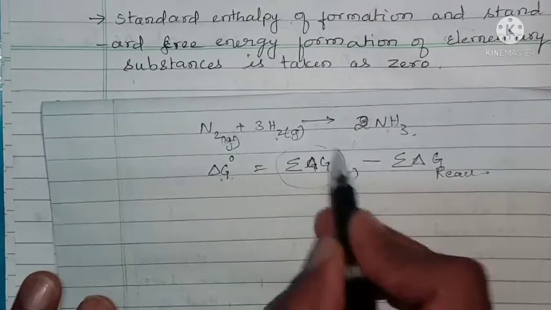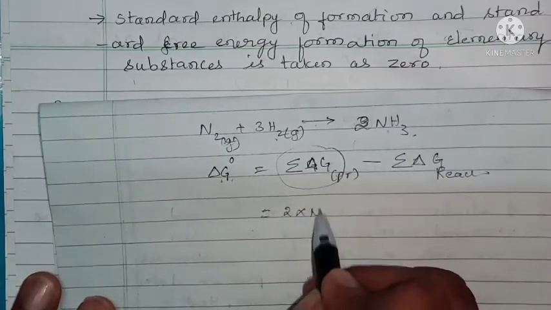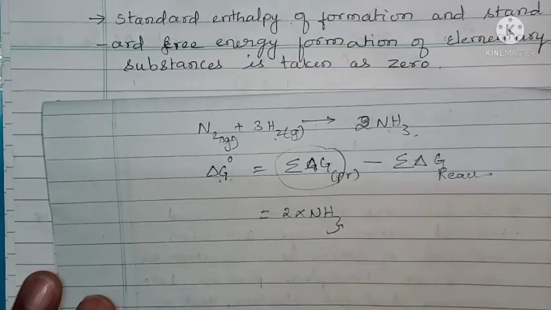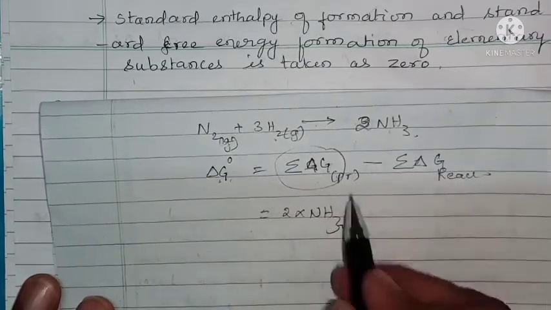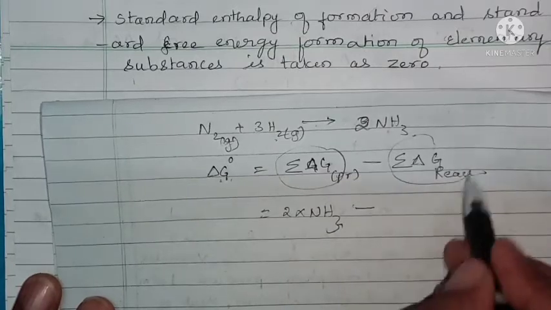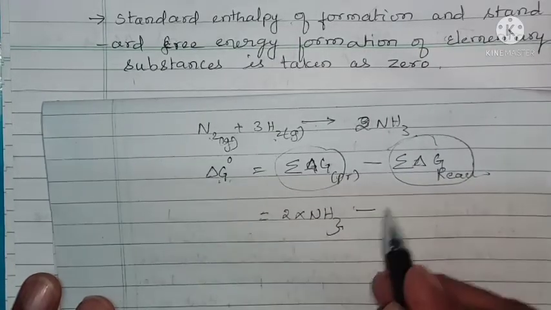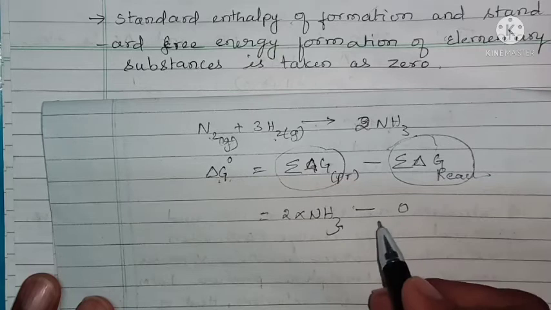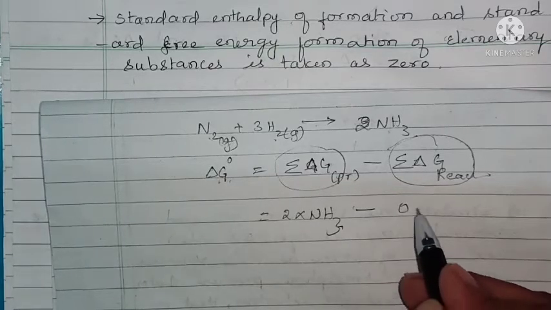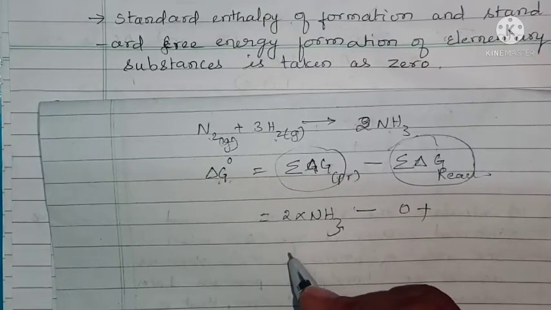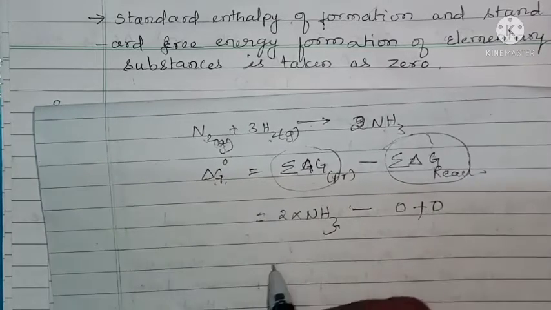Here this value is equal to 2 into the ammonia value, whatever we are going to get. But for the reactants, nitrogen is in the form of element, so its value is 0, and hydrogen is also in the form of element, so its value is also 0.